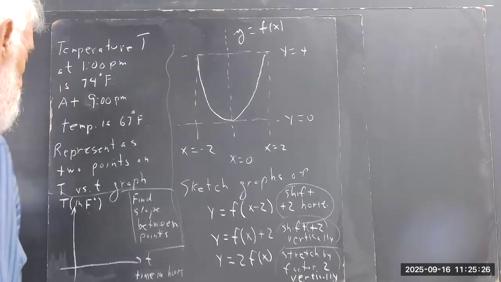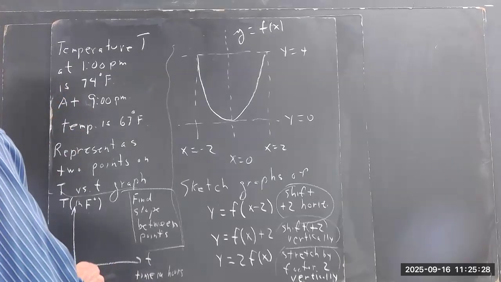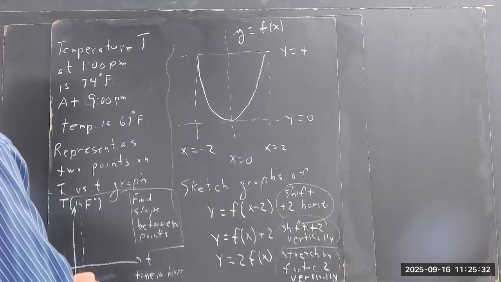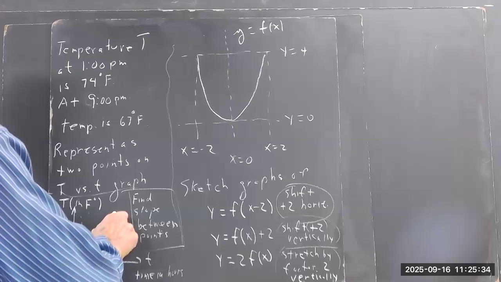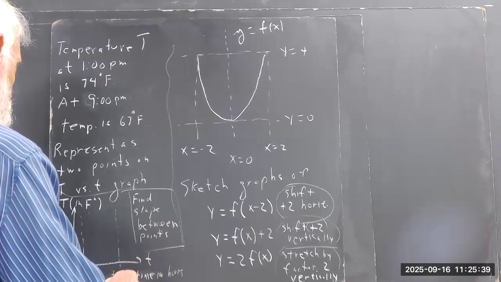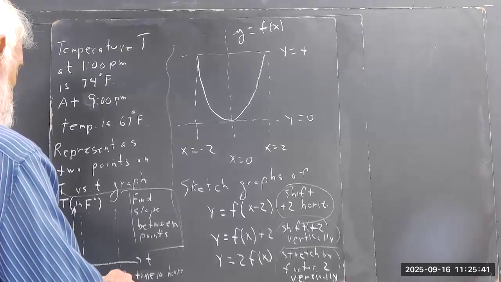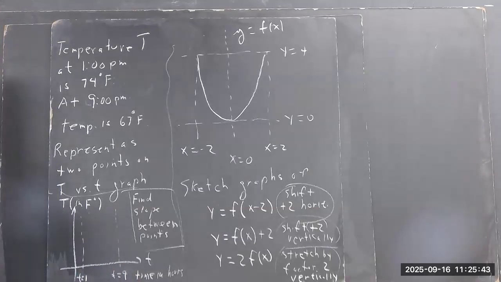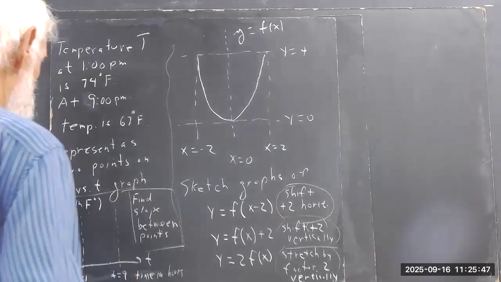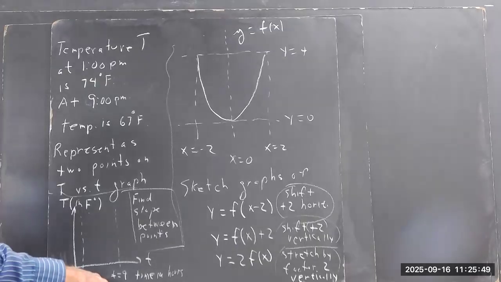Time goes from 1 o'clock to 9 o'clock. So in hours, we could say, well, here is t equal 1. And here is t equal 9. It's not exactly to scale, but we're going to draw it bigger in a minute, but I'm just showing you quickly what you do.